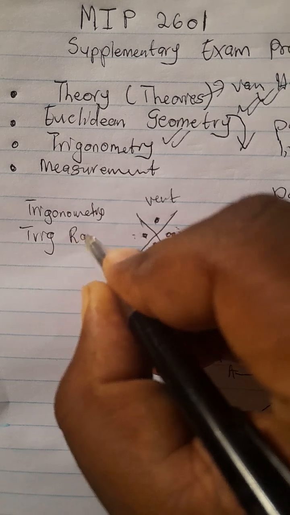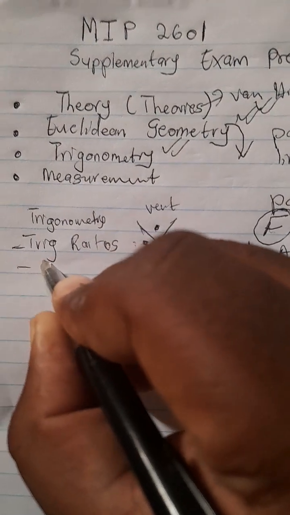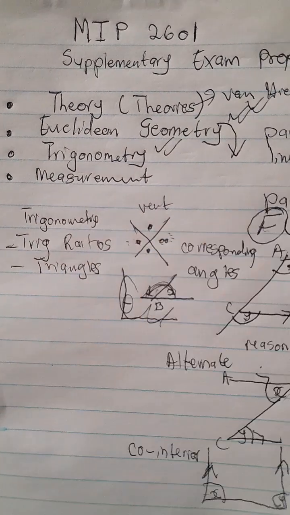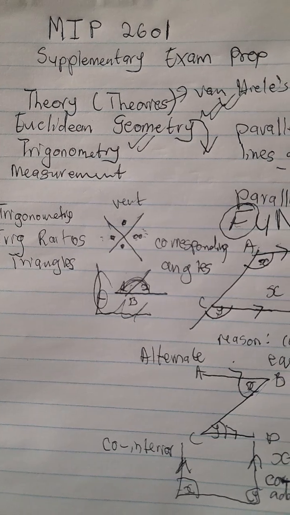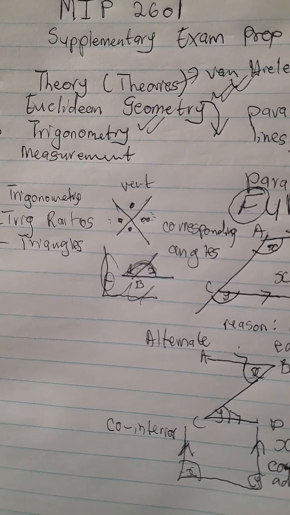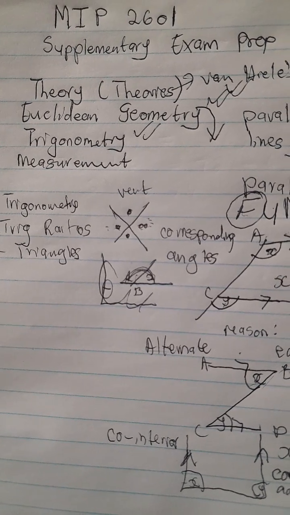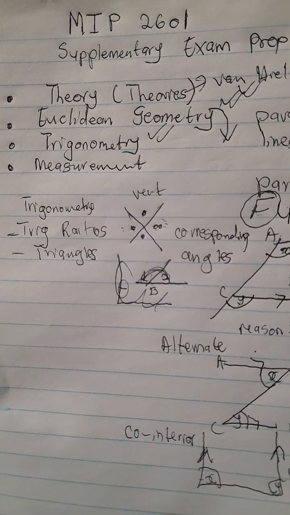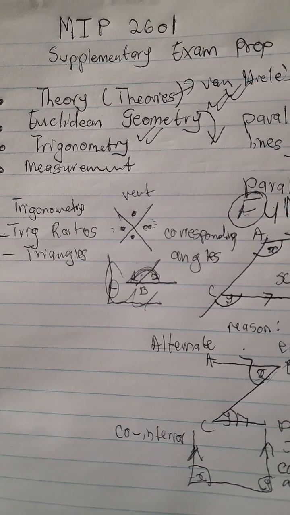They will ask you about your trig ratios. You'll also have to know about triangles. When I'm talking about trig ratios, I'm talking about sine, cos, tan, as well as their reciprocals, which are sec, cosec, as well as cot, right? So you will do well to know trig ratios and be able to work with triangles.